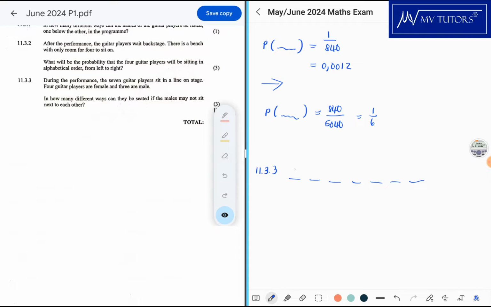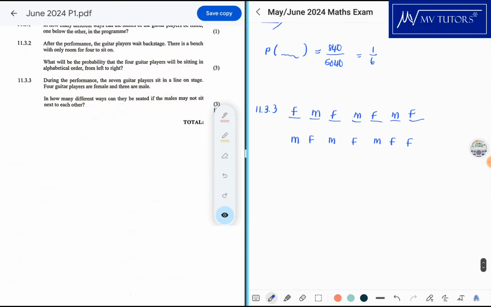So you can have female, male, female, male, female, male, female. Or you could have male, female, male, female, male, female, female. There are some ways of doing it, but you just need to make sure the males are not sitting next to each other.